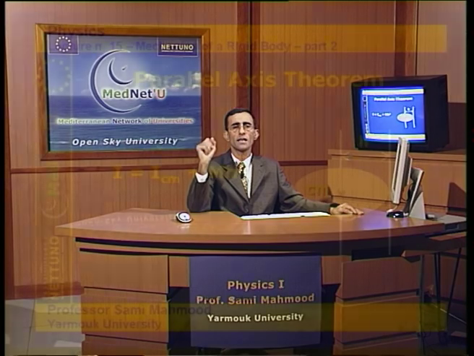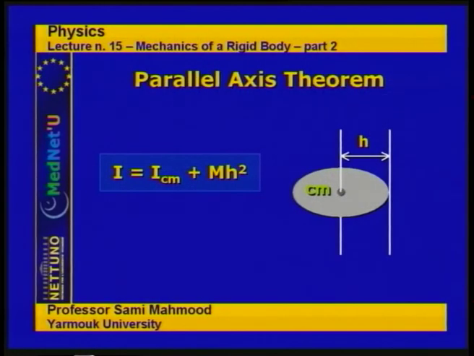So if we define our axis as an axis that goes through the center of mass in a certain way, and we calculate the moment of inertia with respect to this axis, we call it I sub cm, meaning the moment of inertia with respect to an axis of rotation through the center of mass. Then I sub cm, with a certain orientation of the axis, is fixed.